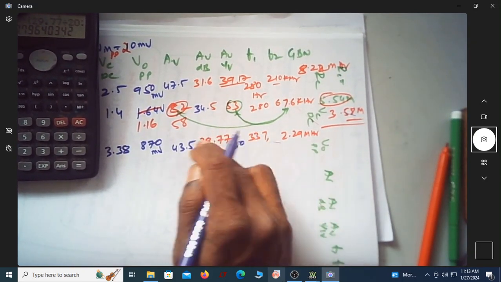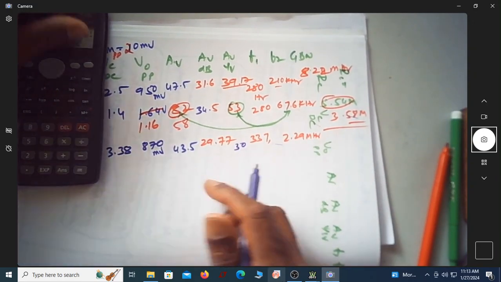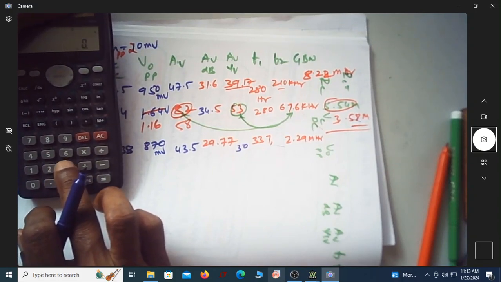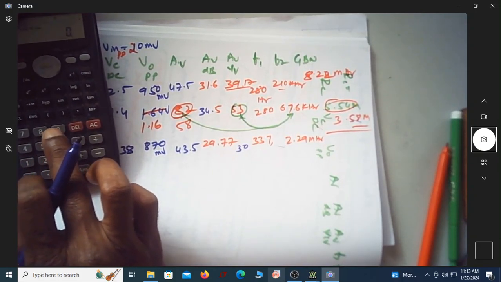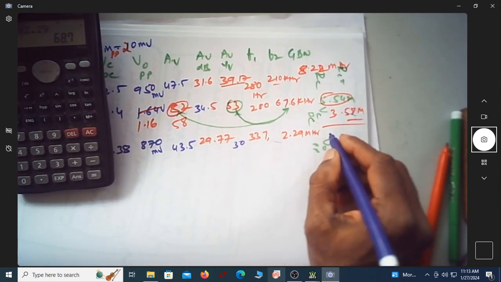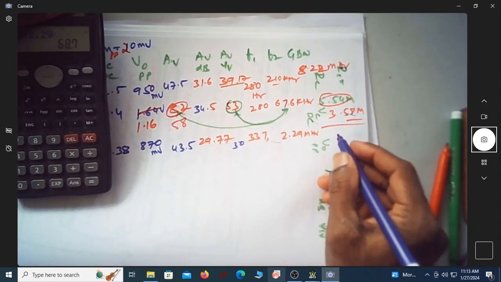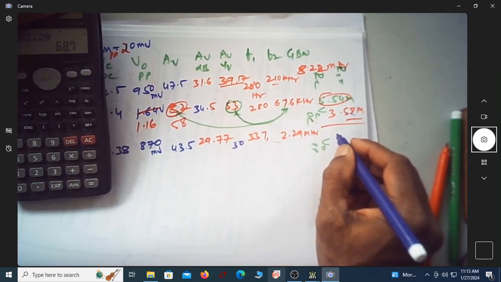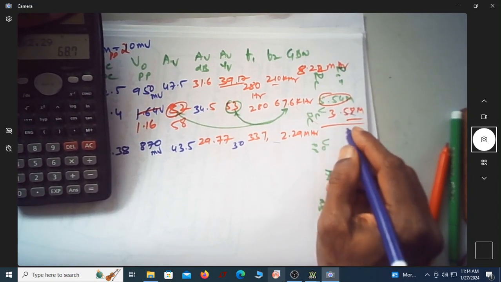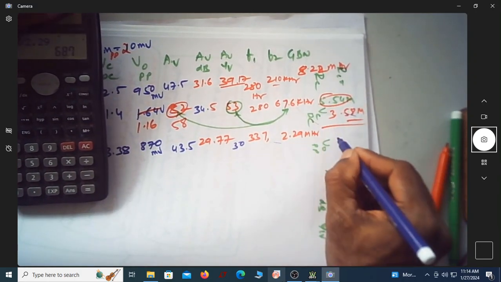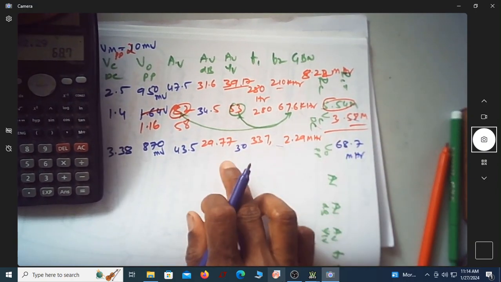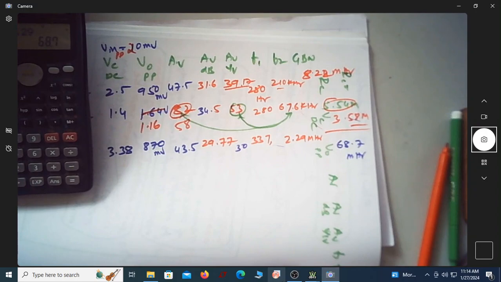This is my network gain, and if I multiply this into this, what I have is 30 into 2.29. Okay, I have a bandwidth of, so it is now 68.77 megahertz. So this is the increase in the bandwidth.